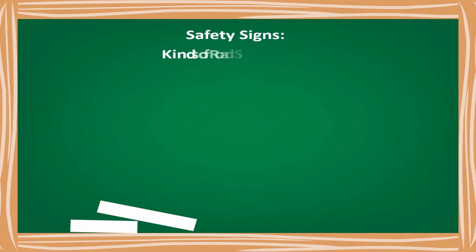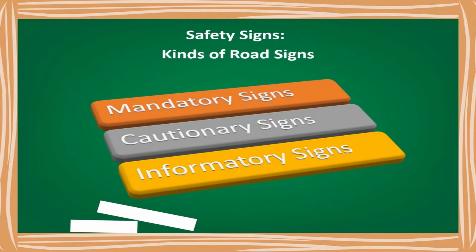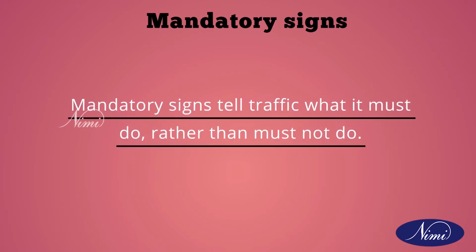Kinds of road signs: mandatory signs, cautionary signs, informatory signs. First, mandatory signs. Mandatory signs tell traffic what it must do rather than must not do.